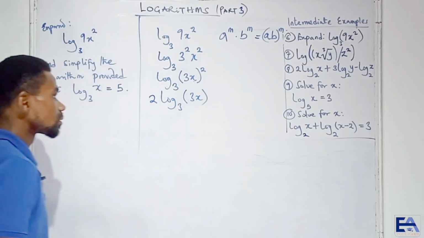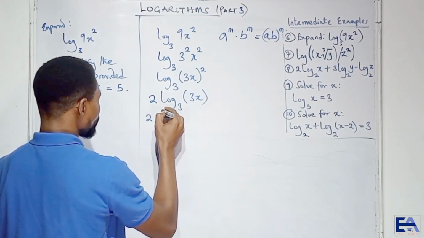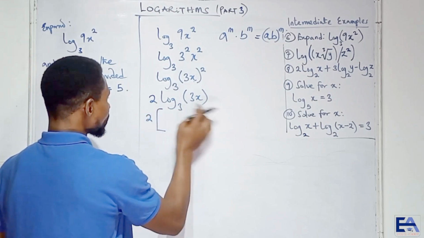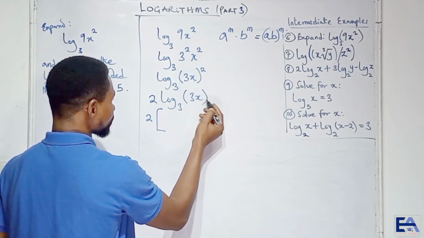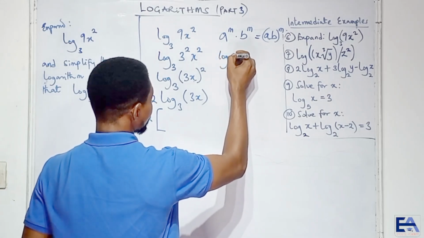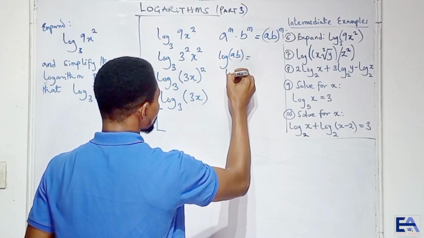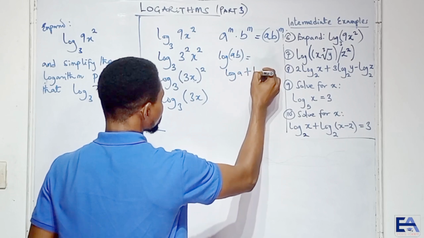So we are still on point. Then we say 2, open the brackets. What we are going to do here is apply the product rule of logarithm, which says log ab, or log xy, is equal to log a plus log b.